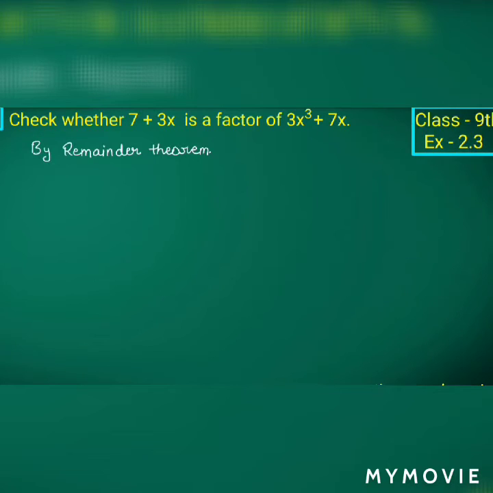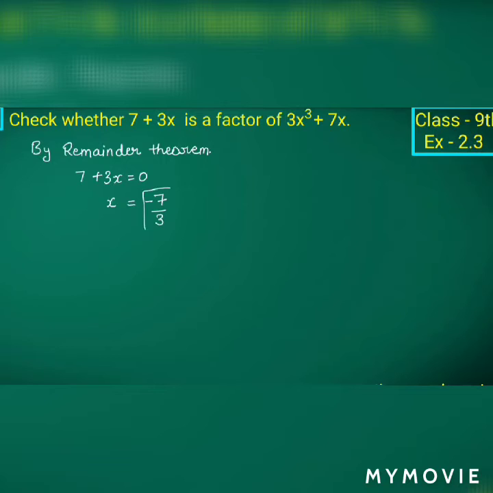The highest degree should be p of x and the least degree should be g of x. Obviously 7 plus 3x is g of x, which should be equal to 0. That is 7 plus 3x equals 0. x becomes what? 7 going to the right-hand side becomes minus 7, and 3 goes to the denominator, so minus 7 by 3.